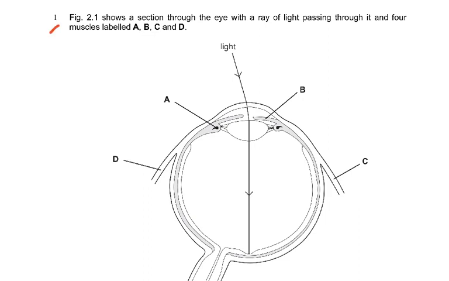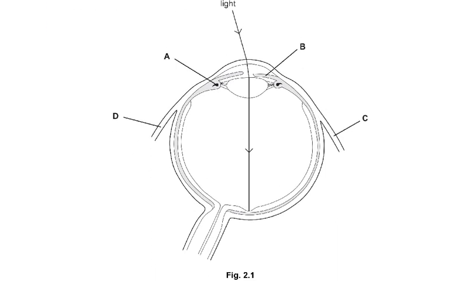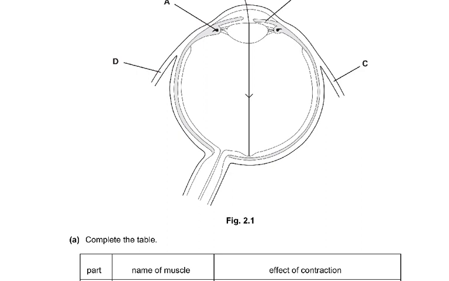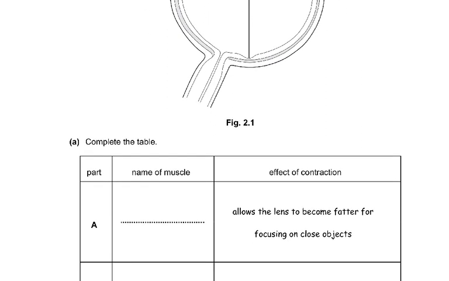Another question on the eye. Figure 2.1 shows a section through the eye with a ray of light passing through it and four muscles labeled A, B, C, and D. Complete the table. Name of the muscle. A allows the lens to become fatter for focusing on close objects. What is that muscle? Ciliary muscle.